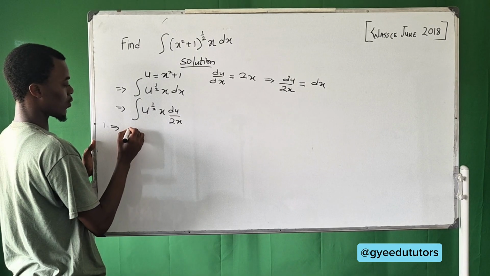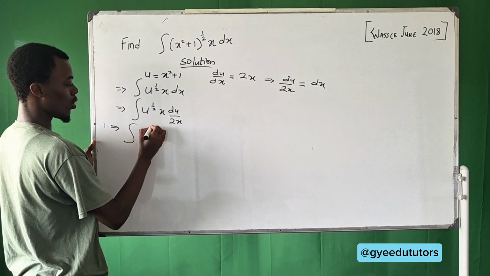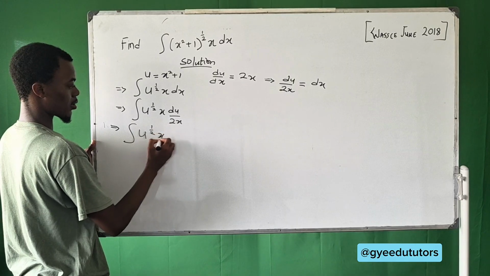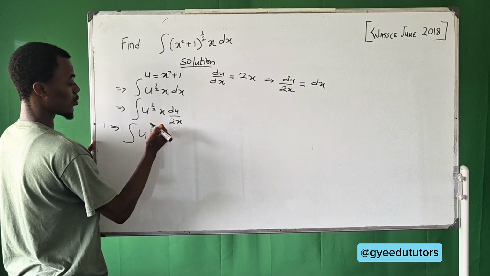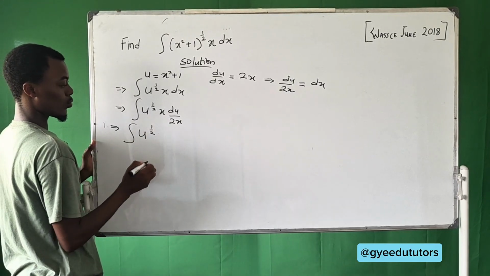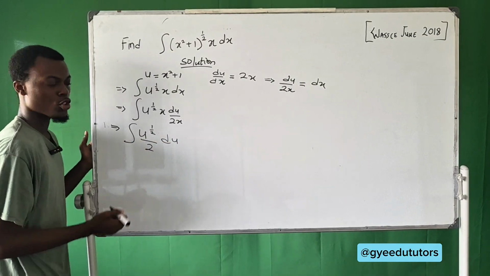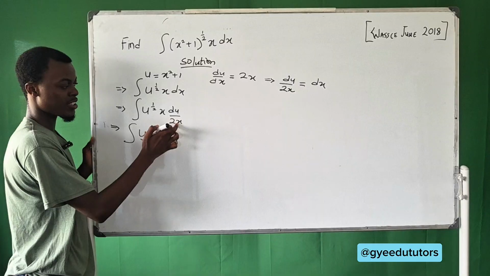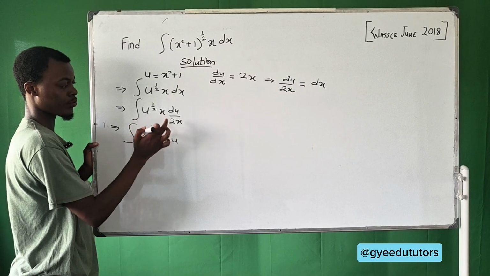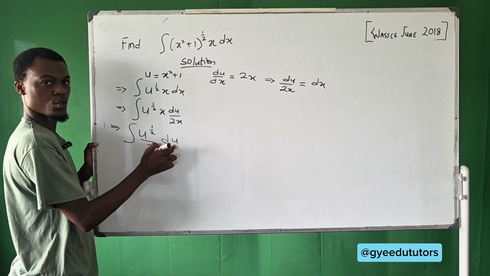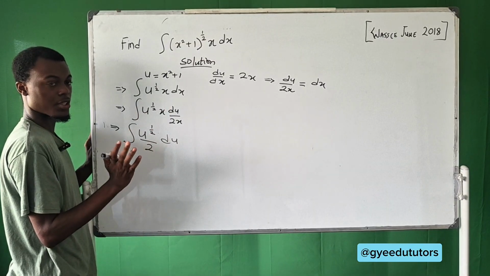So now we have u to the half, over 2, du. It becomes like this because this x cancels this x, so it will be left with the 2. So we've not changed anything.